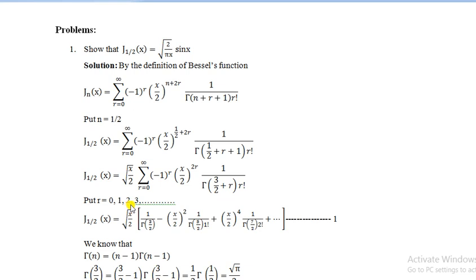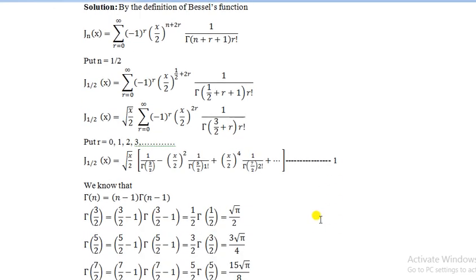Similarly, when r equal to 2, minus 1 squared is plus sign, x by 2 power is 4, so 1 by gamma of 3 by 2 plus 2, which becomes gamma of 7 by 2, into 2 factorial. Then similarly substitute r equal to 3, 4, 5 etc. Call this equation number 1.